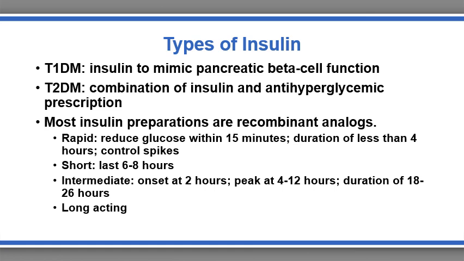It's just a really super slow releasing insulin over a long period of time. And then you have what we call premix combinations. Sometimes we will mix them, in certain circumstances where an individual may combine different types of insulin to manage their blood glucose.